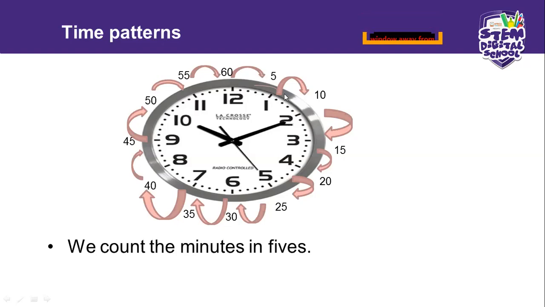And then it jumps, it goes here, it's 10. It comes here, it's 15. It comes to 4, it's 20. It comes to 5, it's 25. It comes to 6, it's 30. It comes to 7, it's 35. It comes to 8, it's 40. It comes to 9, it's 45. It comes to 10, it's 50. It comes to 11, it's 55. It comes to 12, it is 60.